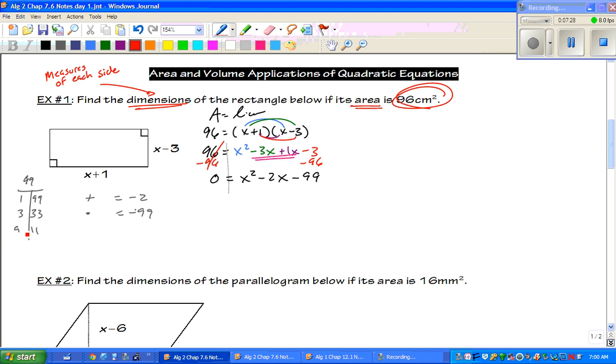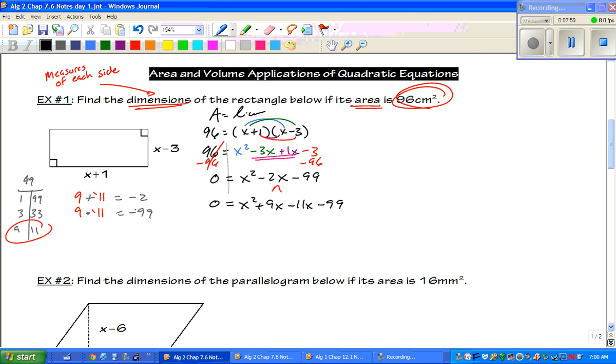And you should be like, oh, Mr. Grice, it's 9 and 11. Well, good. Which one's negative? So now we need to split the middle term. And we get 0 equals x squared plus 9x minus 11x minus 99. And now you need to be able to factor that however you can.